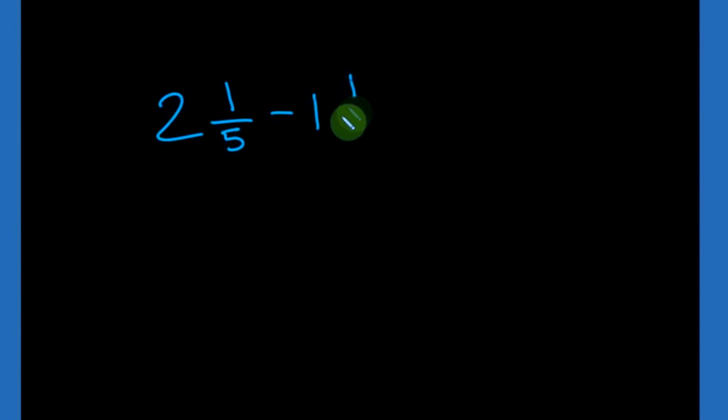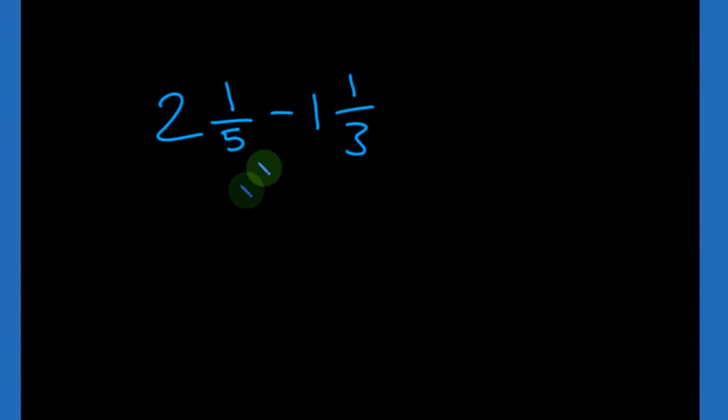When it comes to adding and subtracting fractions, the first thing you want to do to make life easy is make the denominators the same. Let me first give you an example. Let's say we had 2 and 1/5 minus 1 and 1/3.